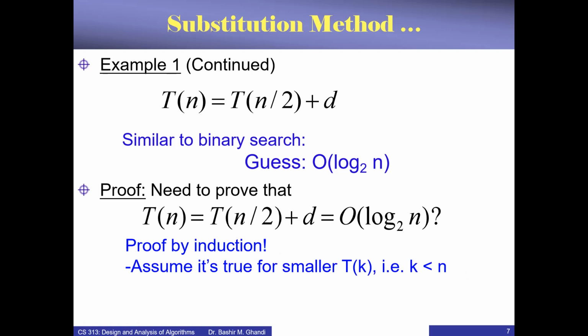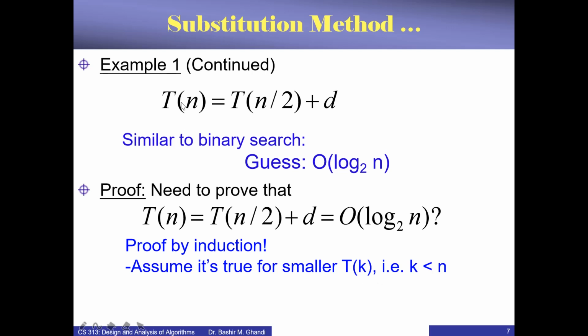So assume it is true, that T(n) is indeed big O of log of n to base 2 for some particular value of n, let's say k, where k is less than n. So this is a hypothesis.